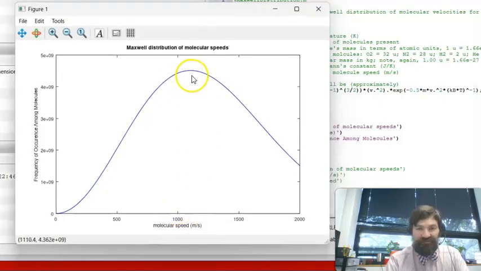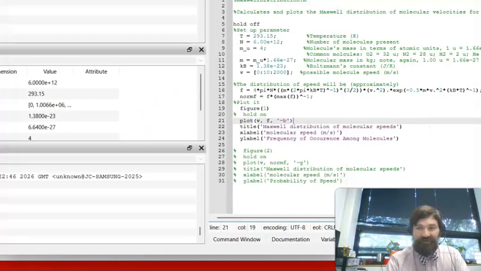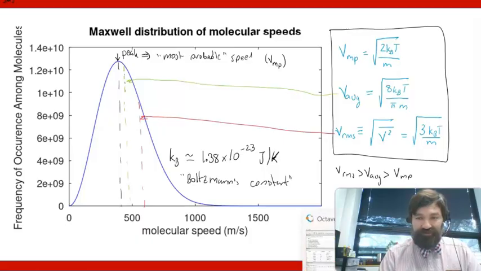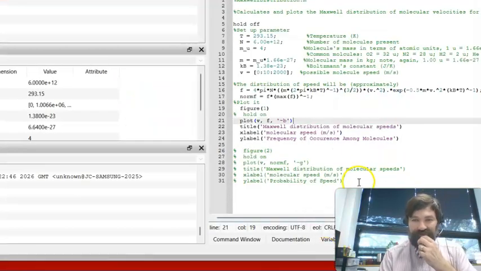Sure enough, you can see that the peak is now somewhere past 1,000 meters per second. We can even estimate it, if we want to be really clever and add some more features to our code, by adding a grid.